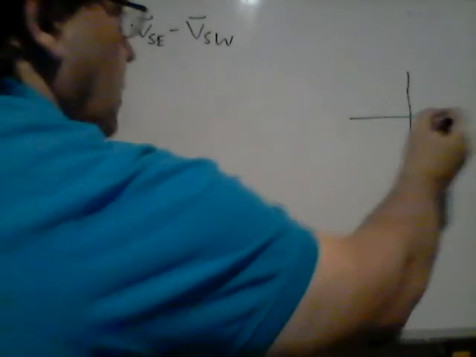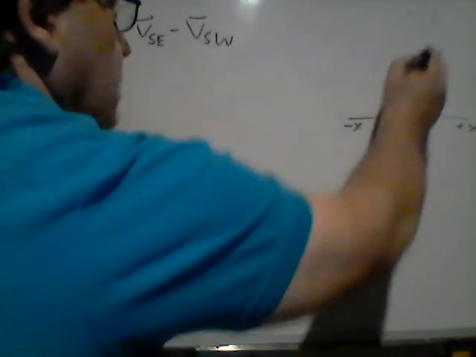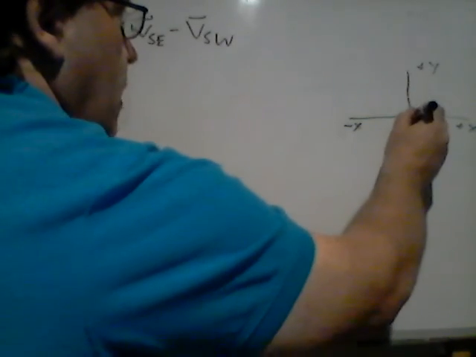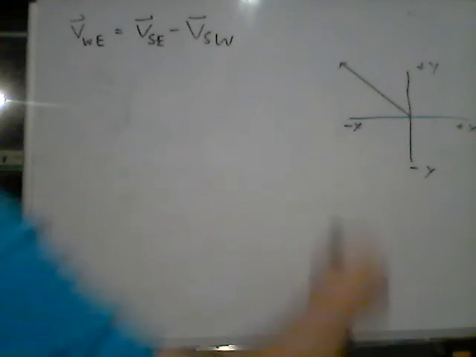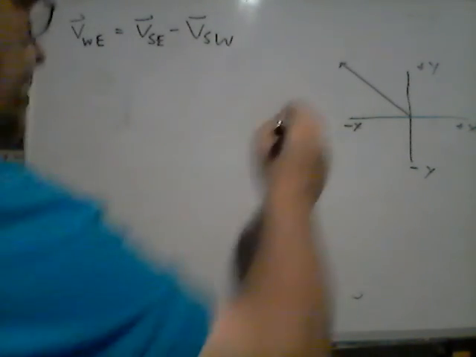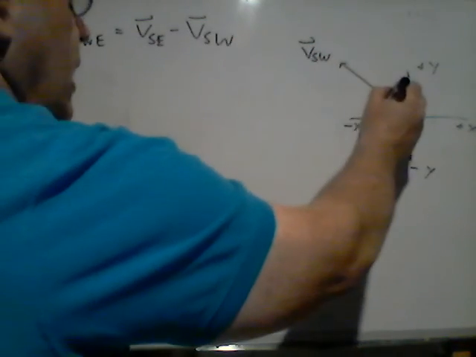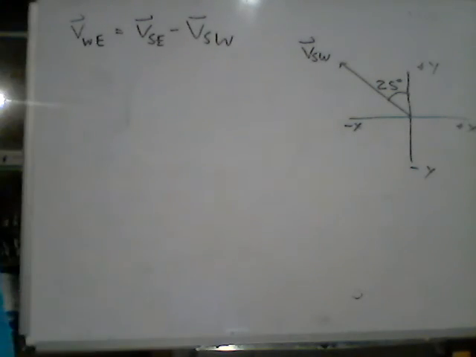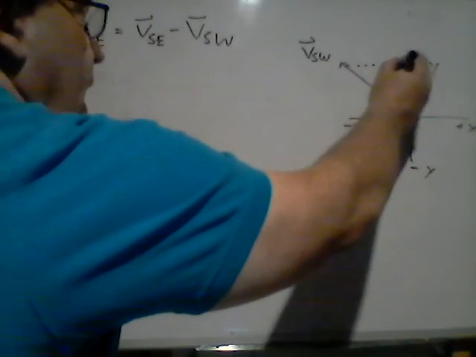So again, I have plus x, minus x, plus y, minus y. And basically, this is the velocity of the ship with respect to the water. Again, this is a 25-degree angle. I need to break this vector into its components. This is the angle that I have.